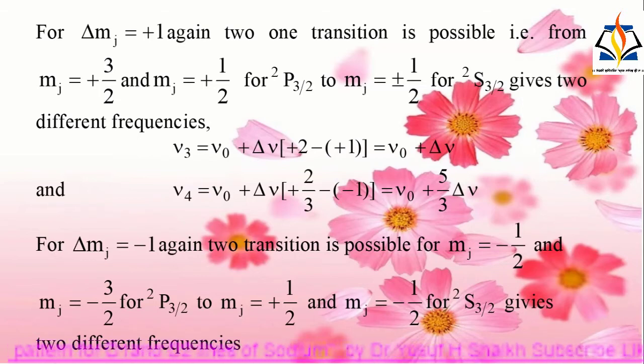For delta mj is equal to minus 1, again two transitions are possible, for mj is equal to minus half and mj is equal to minus 3 upon 2 for 2p 3 by 2 to mj is equal to plus half and mj is equal to minus half for 2s 1 upon 2, which gives two different frequencies.